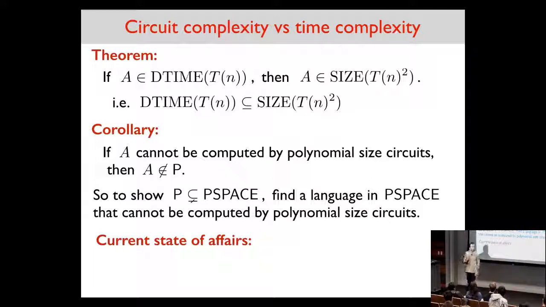Here we're only looking at AND or NOT gates. So what do you think is the best lower bound we know for any kind of explicit function? It doesn't even have to be in PSPACE, but it could be.